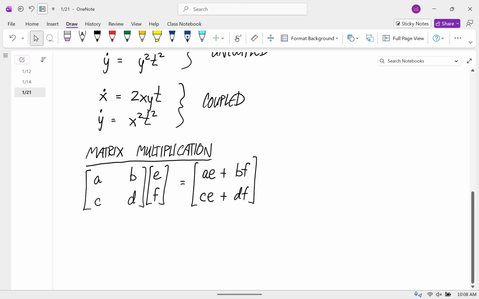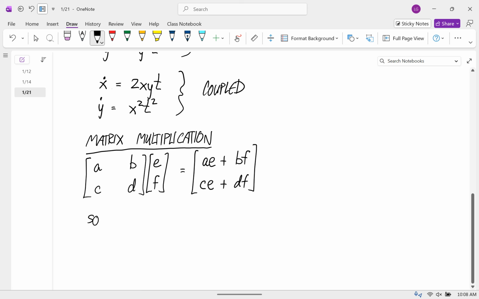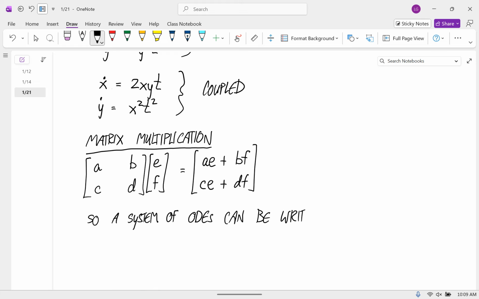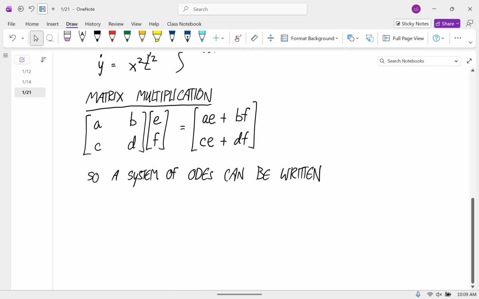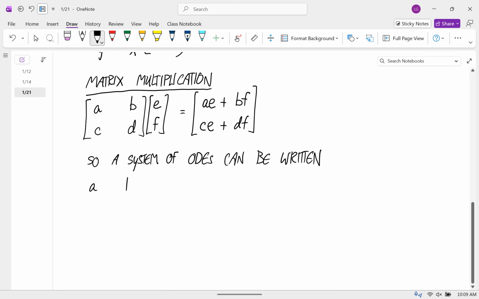So a system of ordinary differential equations can be written as, let's call it A, B, C, D, times x, y, a vector of your dependent variables, is equal to x dot, y dot.